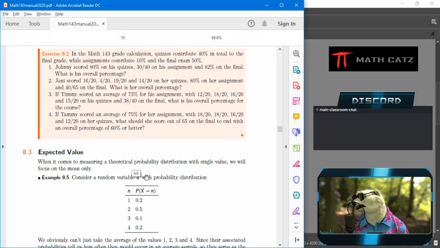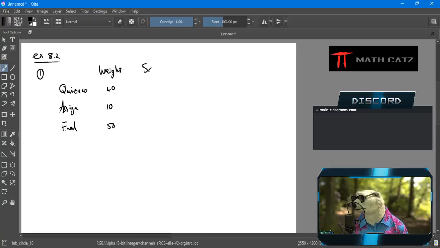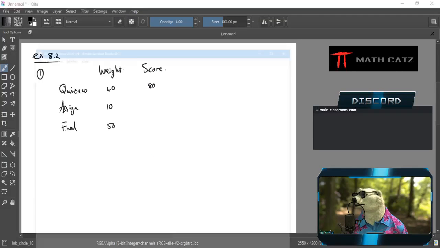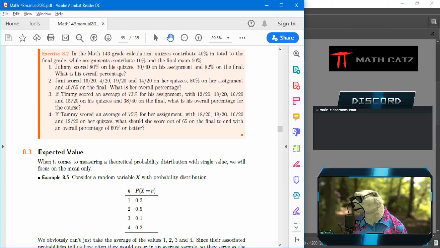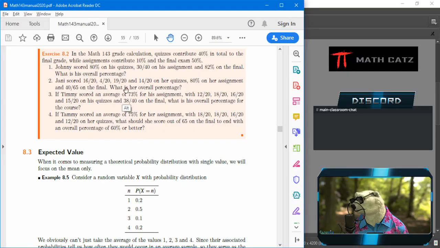And then in number 1, Johnny scored 80% on his quizzes. So let's say here the score is 80% on the quizzes, 30 out of 40 on his assignments, and 82% on his final exam. So now the unit for the score is a percentage, so I do need to convert his assignment score to a percentage, 30 out of 40.